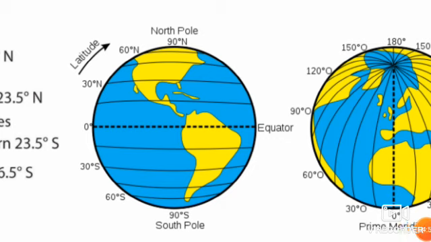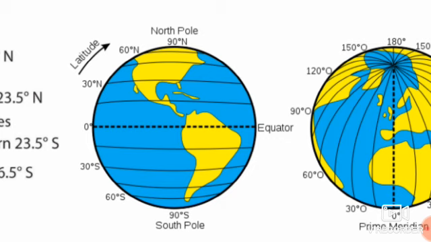Okay students, here you will get a question: why do latitudes get smaller towards the pole? Which latitude is the biggest circle? The answer is the equator is the biggest and largest circle and divides the globe into two equal halves.